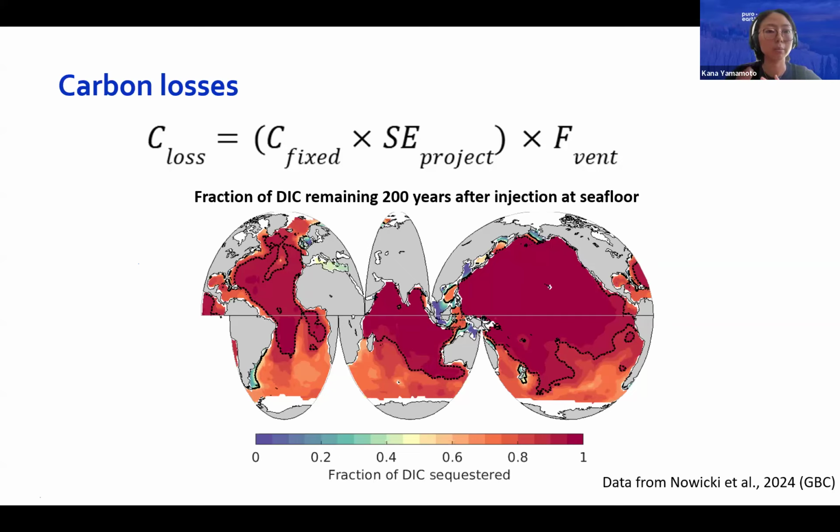So this is data from a published work, Noik et al. 2024, and we can see that in many parts of the ocean, within 200 years, a majority of that carbon that you've stored at the seafloor is preserved, but in certain places, in the orange and yellow to green areas, we're losing anywhere from 20 to 40, 60% of that carbon within those 200 years.